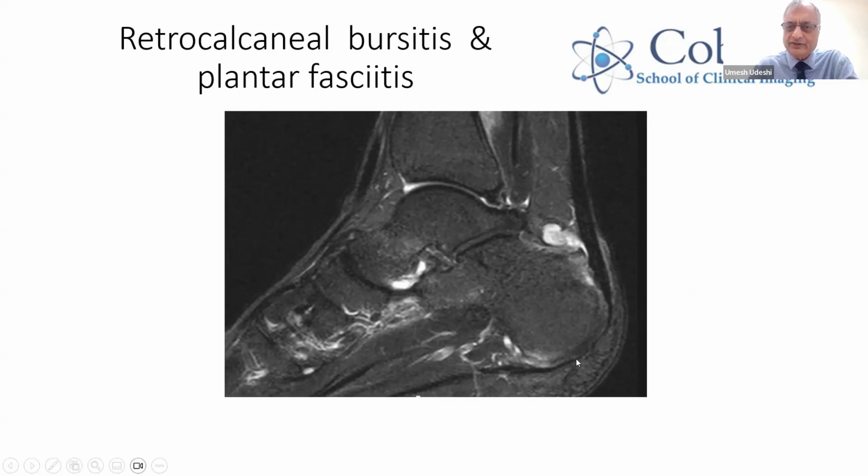So we have also got plantar fasciitis. And don't forget that anatomically, functionally, the Achilles and the plantar fascia are regarded as one continuous unit. And in embryology, that's the embryological basis of saying that.